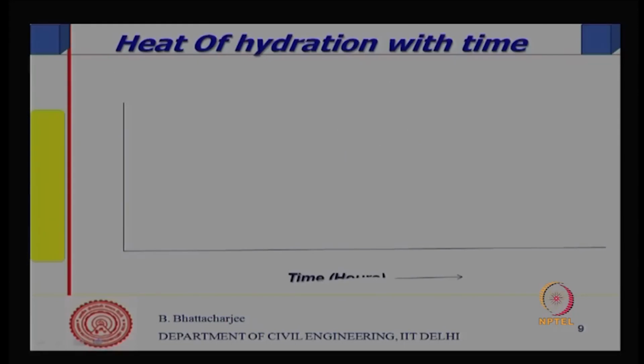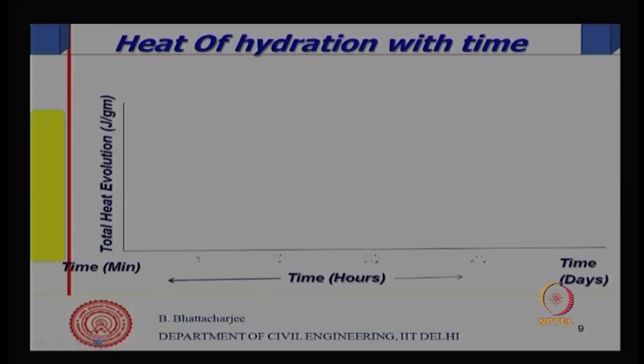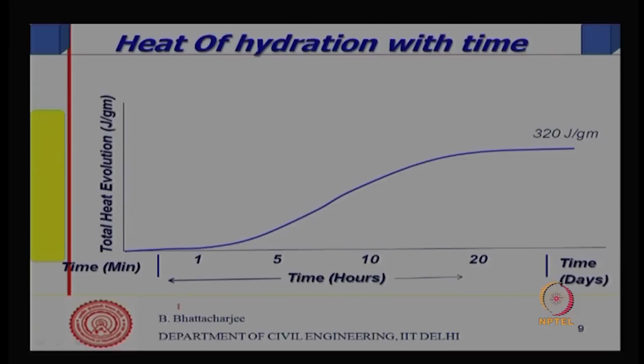Now, total heat evolution if we look at it, that would again be with the same time. So, majority of the heat evolution really takes place in the initial 20 hours or so, and the total order would be 320 joules per gram, etcetera, after complete 24 hours or so.